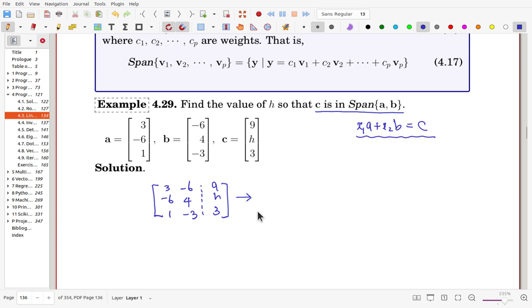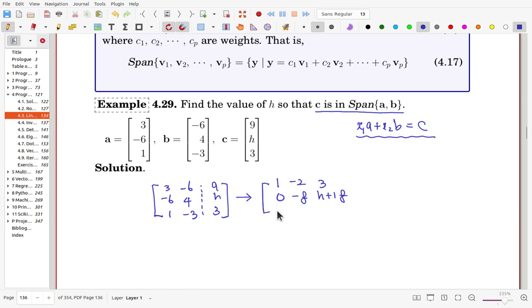Right? Okay, here we interchange, or we may divide by 3, then that will be here 1, minus 2 and 3, and a subtraction, no, yes, twice addition will make 0, twice addition, minus 12, so that is minus 8, and twice addition, h plus 18 is 0.